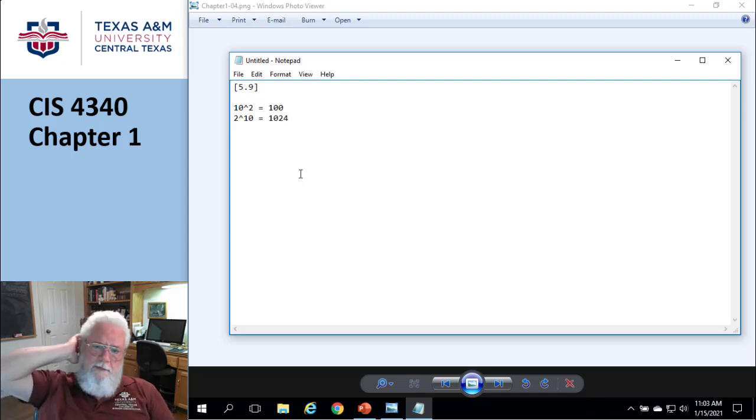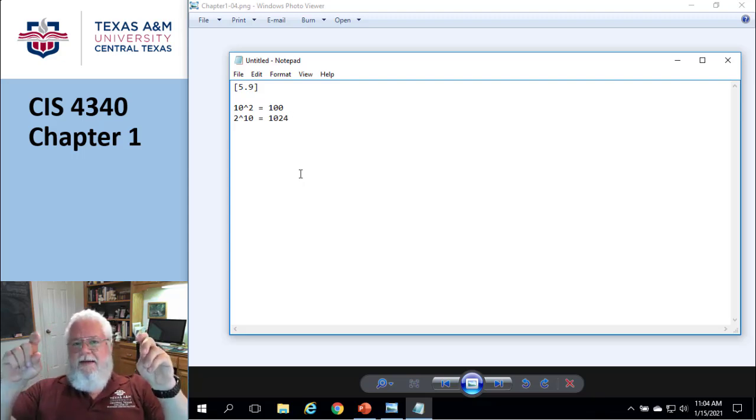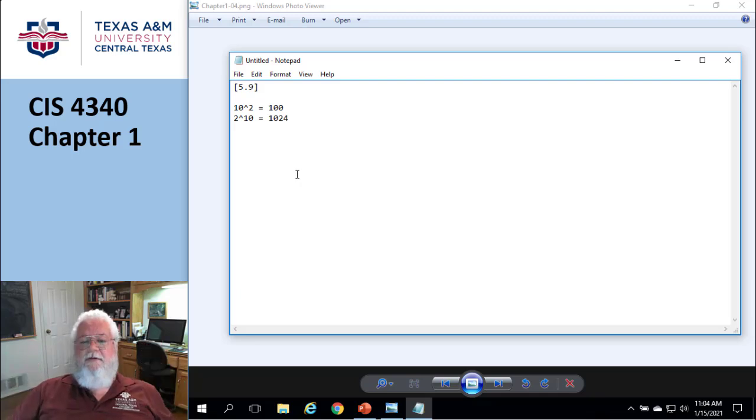Given 1024 and a base of 2, what is the exponent that produces 1024? Well, the answer is 10. Now, the logarithm typically has what's called a base. So in this case, this is base 10, and this is base 2.